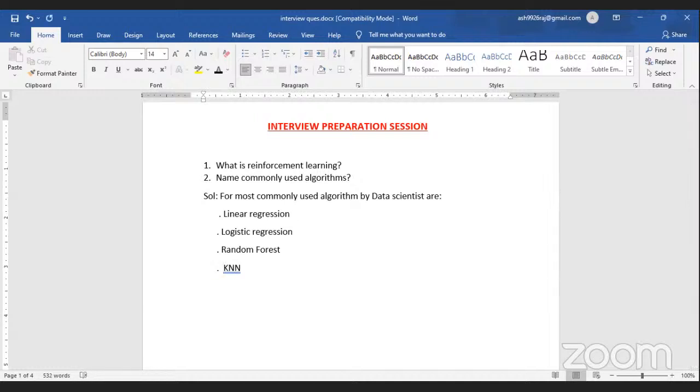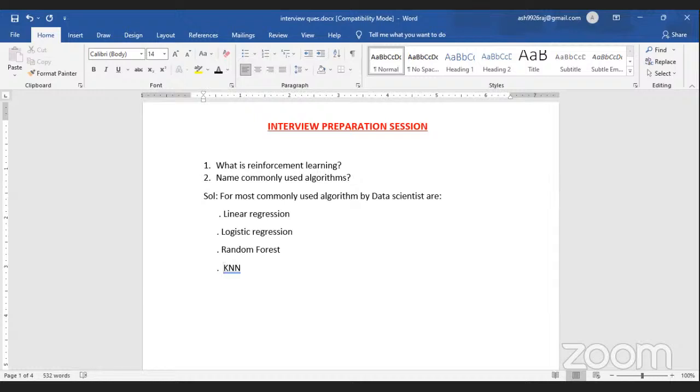And we have random forest. A random forest is a supervised machine learning algorithm that is constructed from decision tree algorithms. The algorithm is applied in various industries such as banking and e-commerce to predict behavior and outcomes. And at the last, KNN. The abbreviation KNN stands for K nearest neighbor. It is a supervised machine learning algorithm.